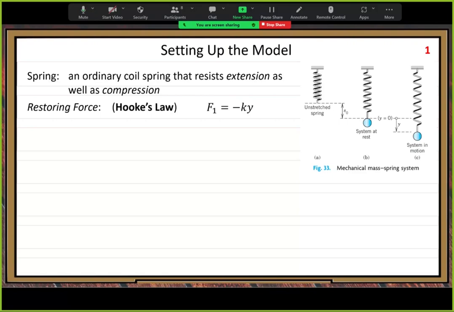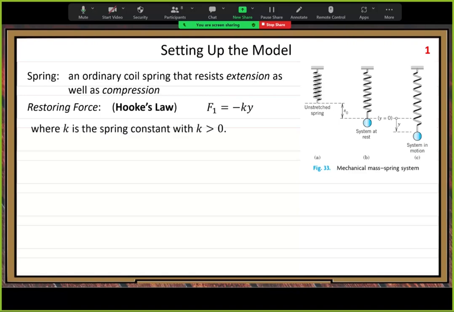Y negative, opposite direction. K is a positive constant, opposite direction with respect to y. Y is the displacement. Displacement has a direction.